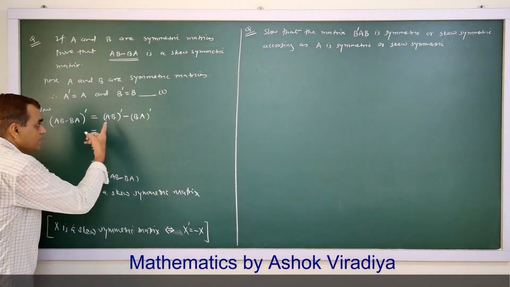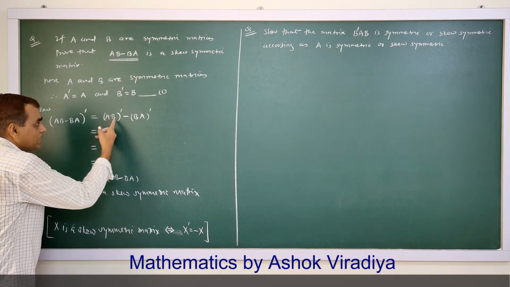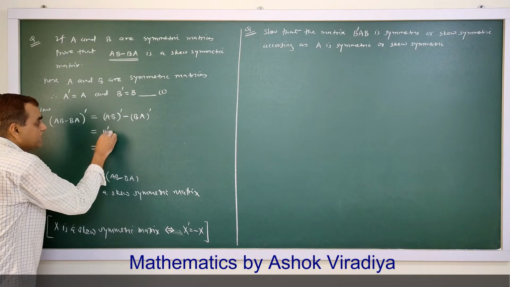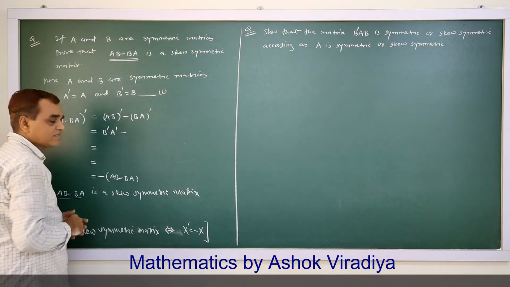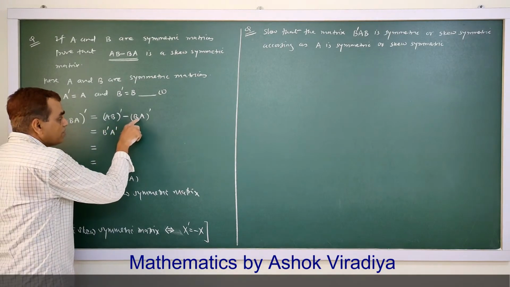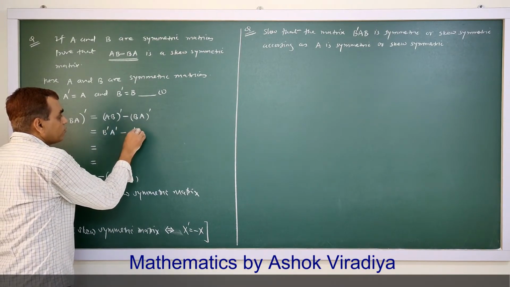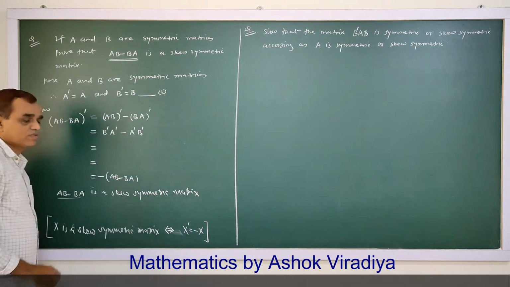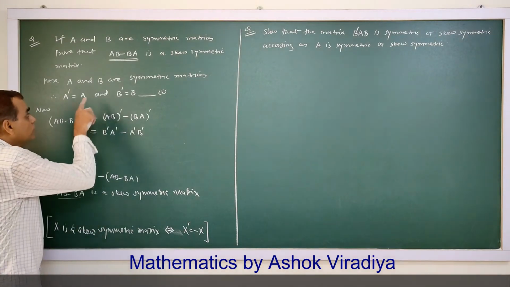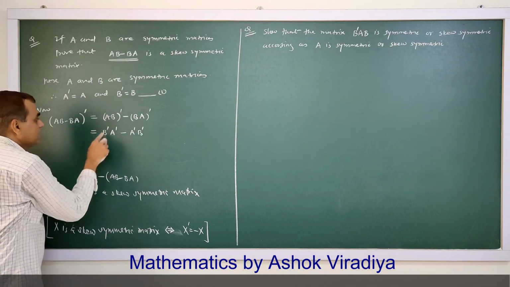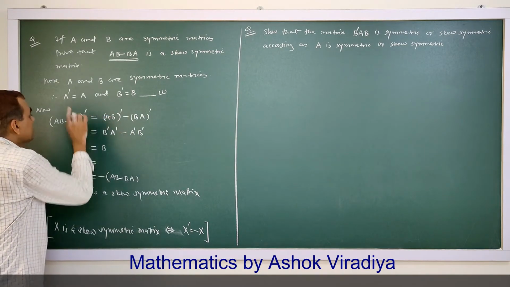Then using the property, transpose of AB is equal to B transpose into A transpose, and transpose of BA is equal to A transpose into B transpose.